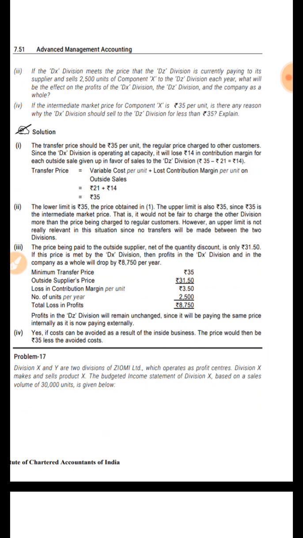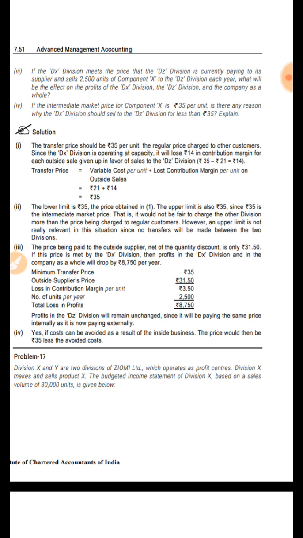If this price is met by the DX division, then profit in the DX division and in the company as a whole will drop by 8,750 rupees per year. Because the minimum transfer price is 35 and the outside supplier price is 31.50, the loss in contribution margin per unit will be 3.50, and with 2,500 units per year, 2,500 into 3.50 gives a total loss of 8,750.